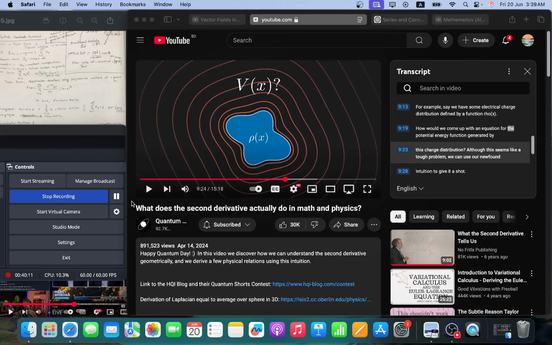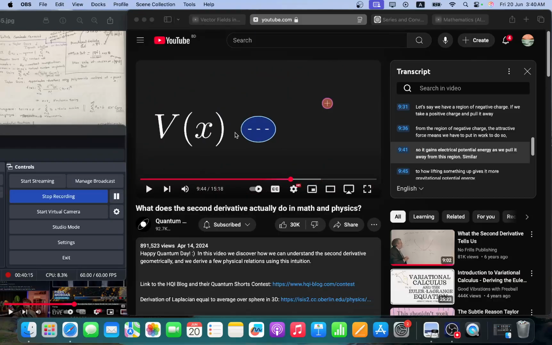Okay, again, let's see what he has to say. So the idea here is that it requires work for me to push this plus charge from this negative charge, because naturally they are attracted, and it generates higher potential, which is like voltage, the more distance it generates as a consequence of me acting on it. I think the better intuition is, when we lift something, it has more potential because there's such a thing called gravity.